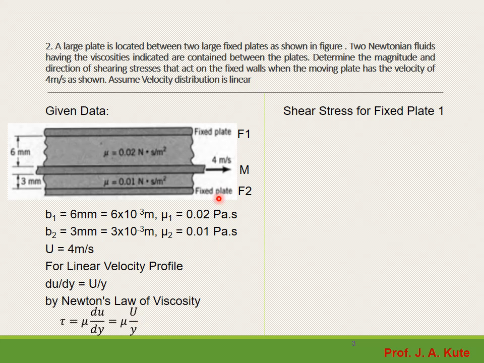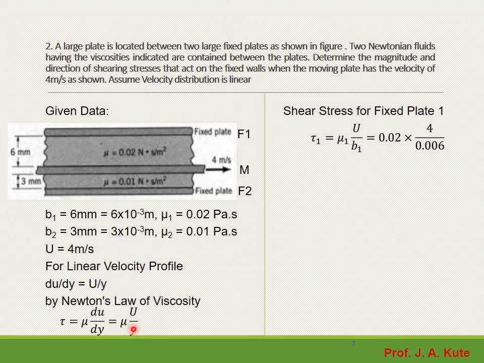Coming to the fixed plate, as we have to calculate the magnitude and direction of shearing stress acting on the fixed wall, at fixed wall 1, or fixed plate 1, we have tau 1 is equal to mu 1 into U upon b1.